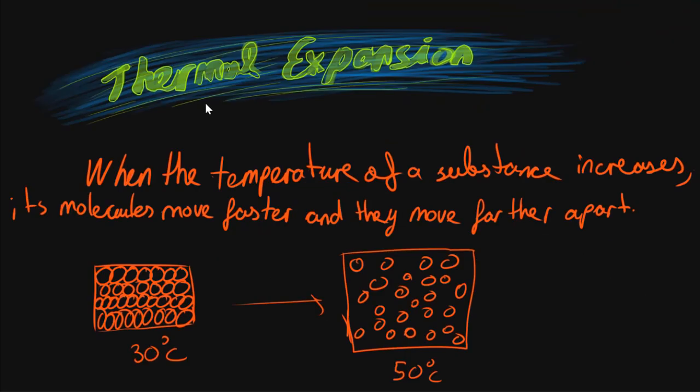What is thermal expansion? Thermal expansion is basically that when the temperature of a substance increases, its molecules move faster and they move farther apart. When the temperature of a substance increases, its kinetic energy increases, and in addition the molecules move apart.